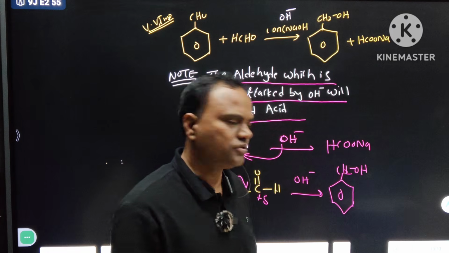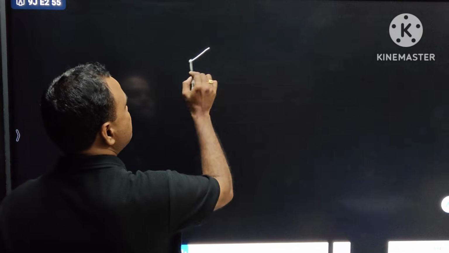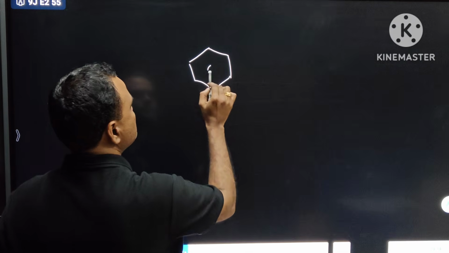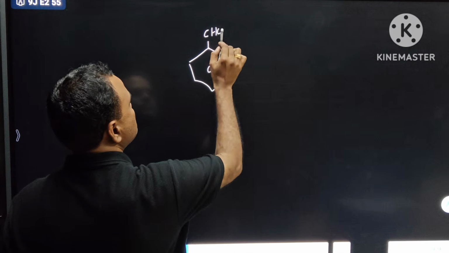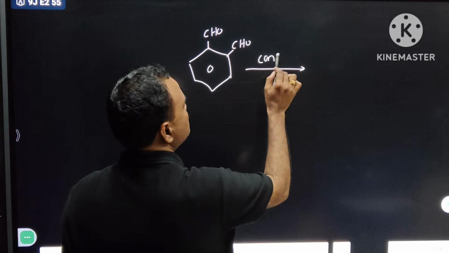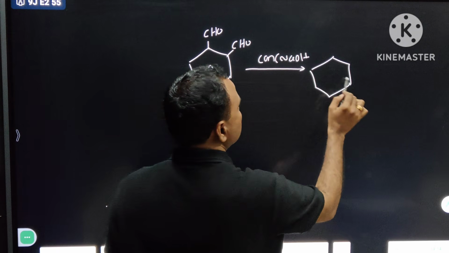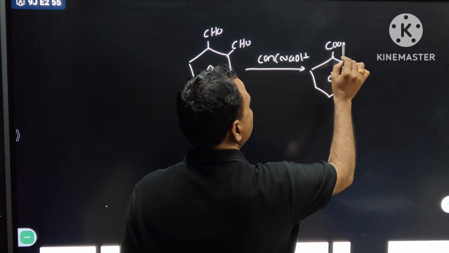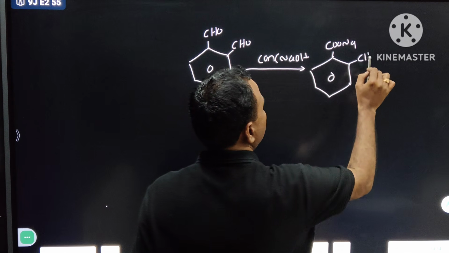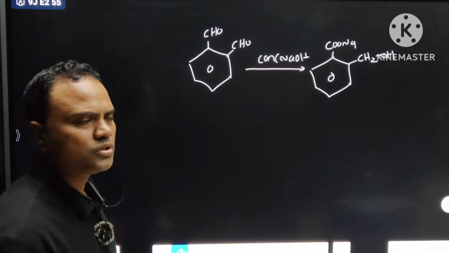Now I'll give you another example. Concentrated NaOH. This is an internal Cannizzaro reaction. Any dialdehyde you can convert because both are the same only, right?